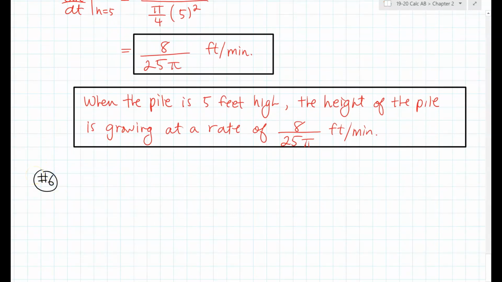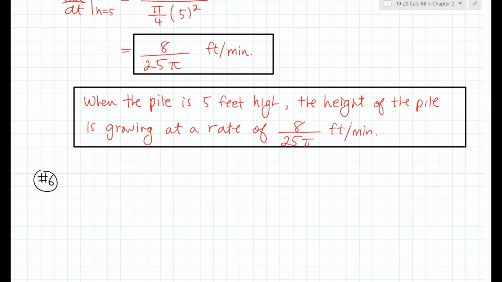All right, so it says a camera is located 50 feet from a straight road along which a car is traveling at 100 feet per second. The camera turns so that it is pointed at the car at all times. In radians per second, how fast is the camera turning as the car passes closest to the camera?